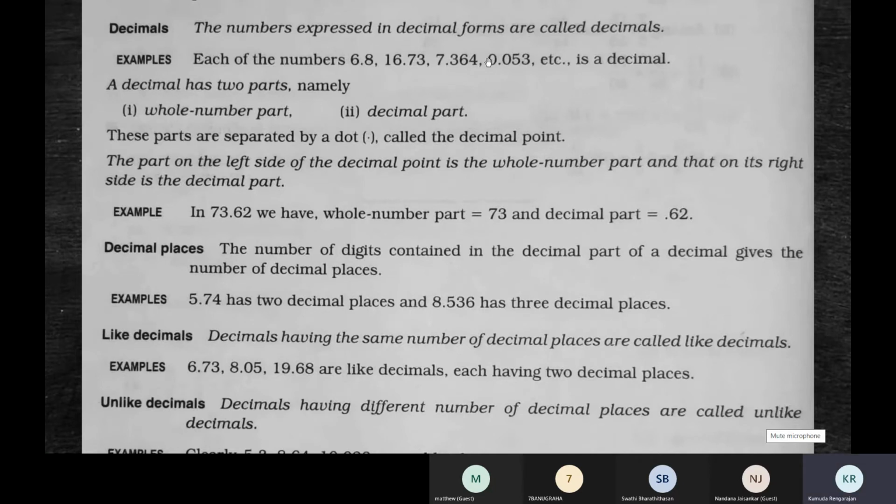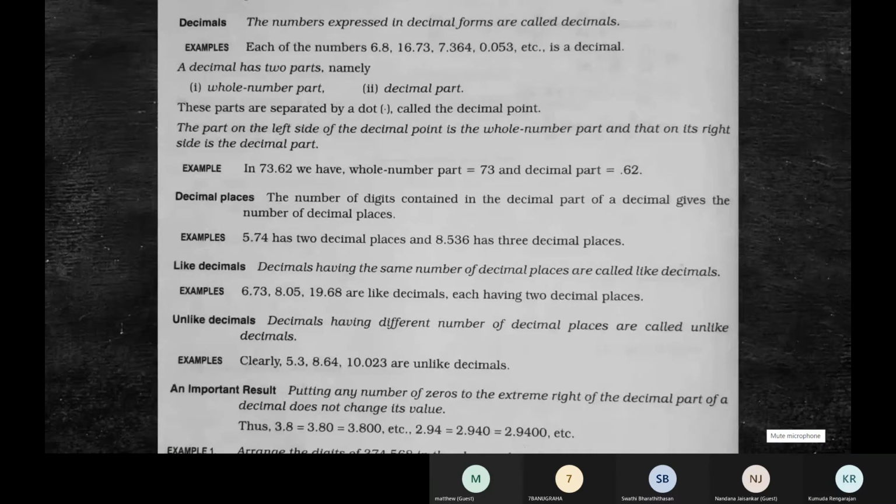See this example, children: 5.74 has two decimal places. 8.536 has three decimal places. Do we understand, children? Yes, ma'am. So the number of digits after the decimal point represents the number of decimal places.